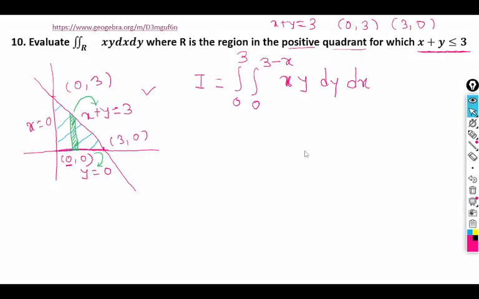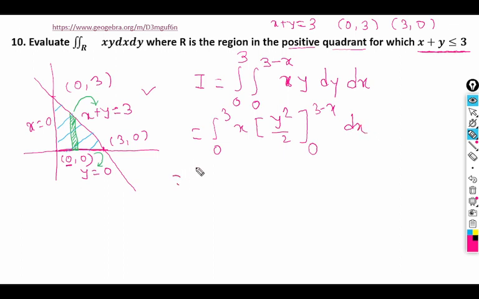Once we have the limits, now we have to integrate. See, the outer limits are as they are, 0 to 3, x as it is, y square by 2, limits 0 to 3 minus x, dx.